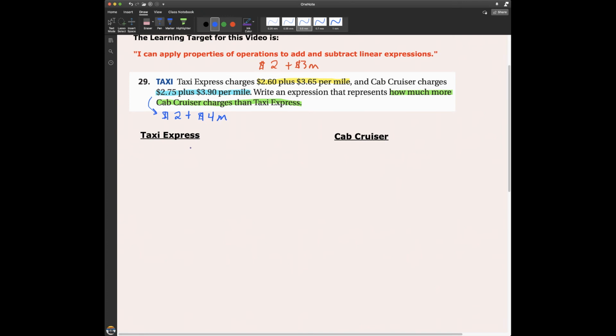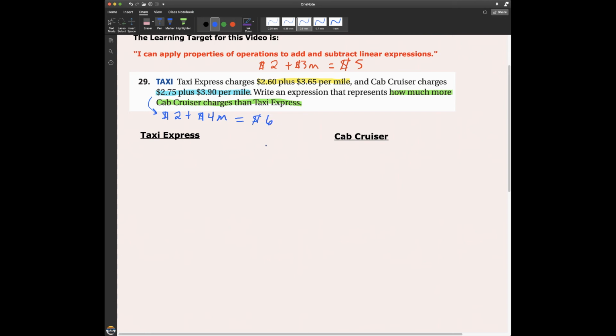All right. How much more does the cab cruiser charge than Taxi Express? Okay, so let's say we're just going to go 1 mile. So if we just go 1 mile, you're going to pay $5 in the Taxi Express. If you go 1 mile in the cab cruiser, you're going to get charged $6.